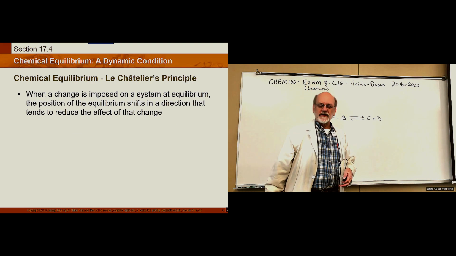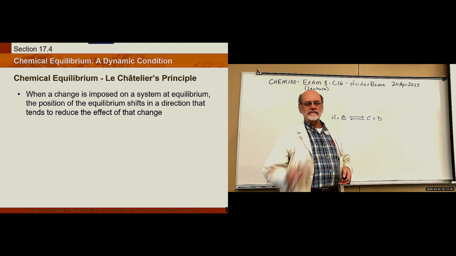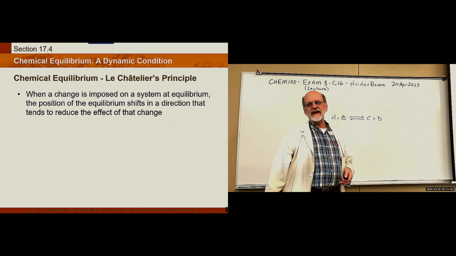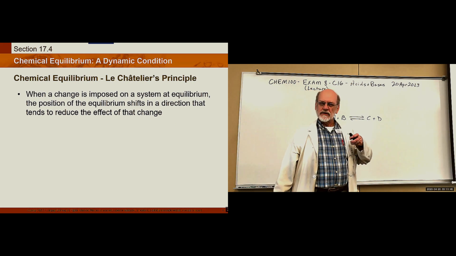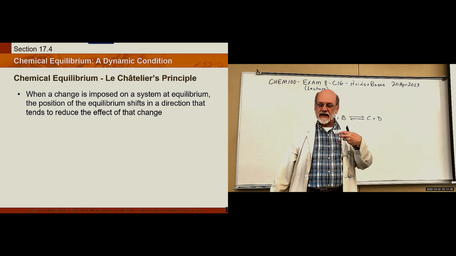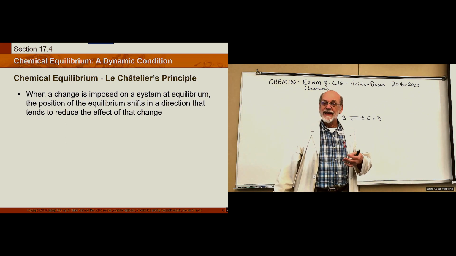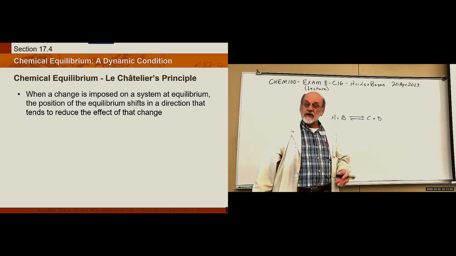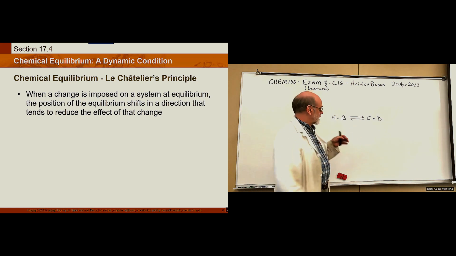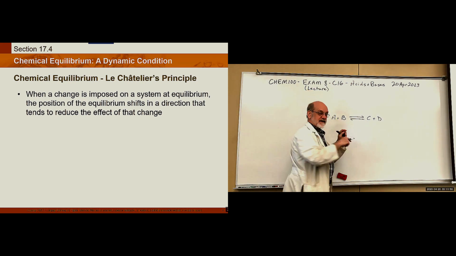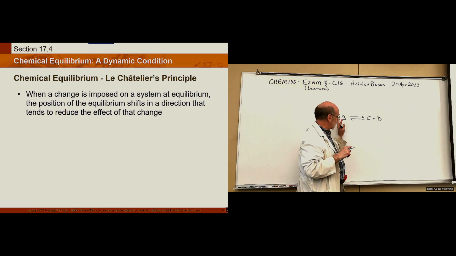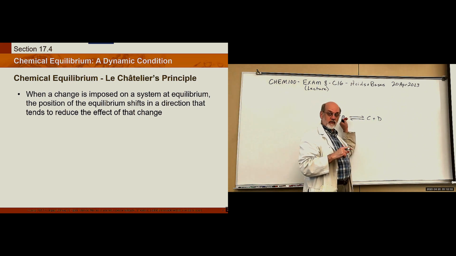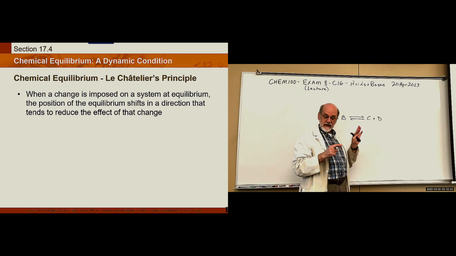Now, there was a Frenchman back in the early 19th century, I believe, who took this concept of chemical equilibrium and took it one step further. If a system like this has established equilibrium, we have some reactant, some product, and the rates forward and the rates reverse are equal.